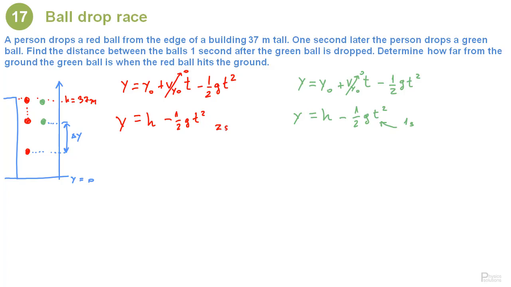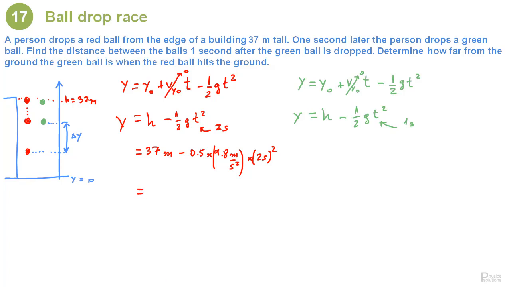So this t is 2 seconds. And we can plug these numbers. So we have h, which is 37 meters, minus 0.5 times 9.8 meters per second square, times 2 seconds squared.